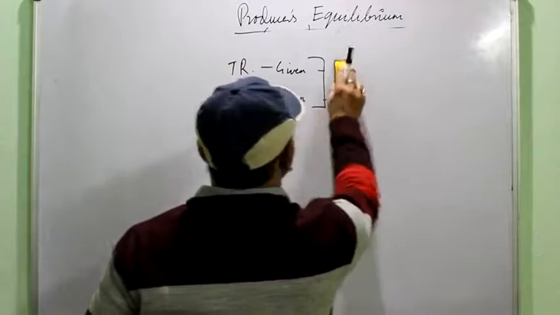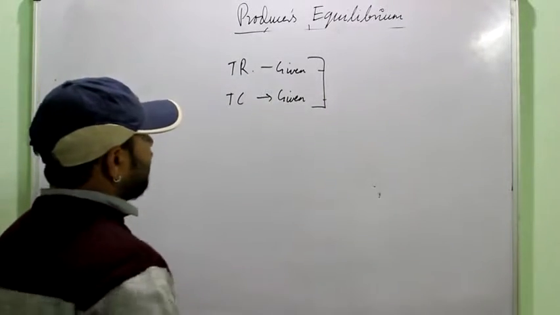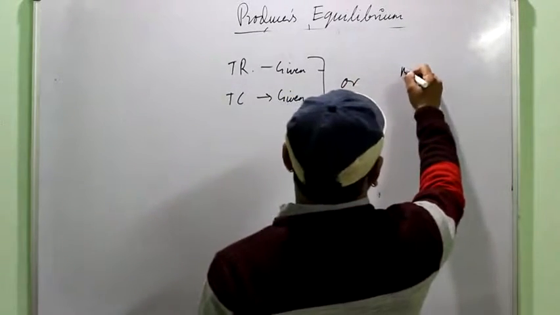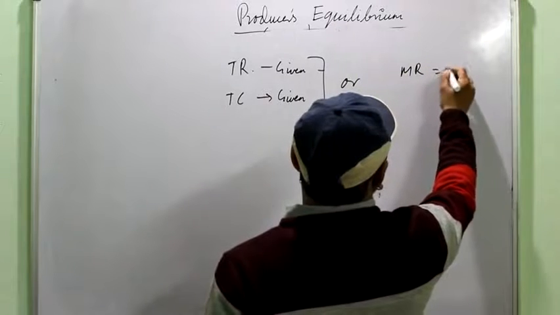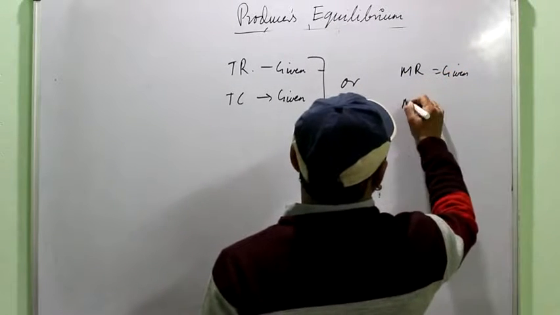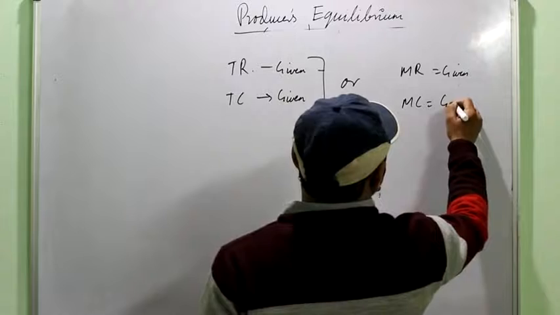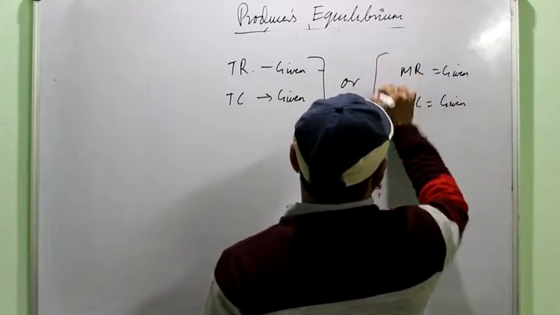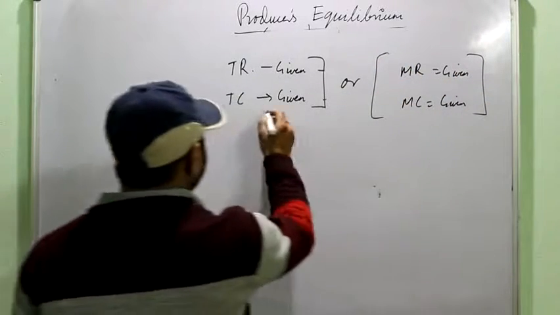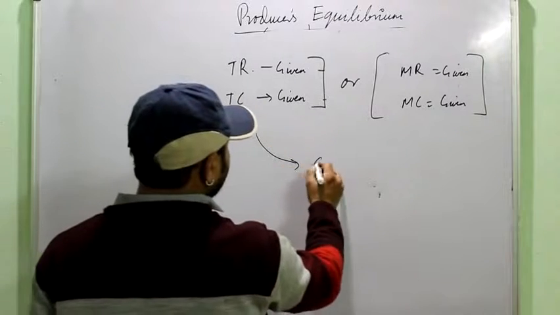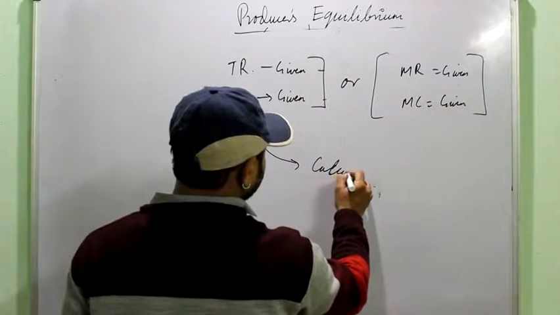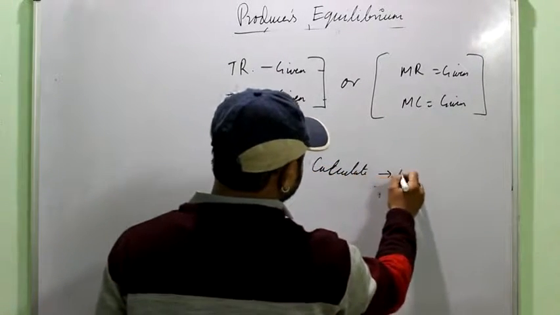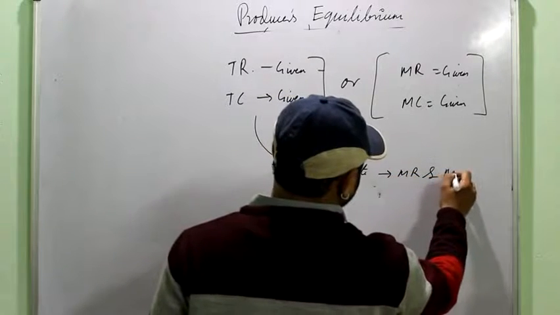Then for the MR-MC approach, again there are 2 things. Maybe TR and TC are given, or maybe MR and MC are given. See, if TR and TC are given, then you first calculate MR and MC.